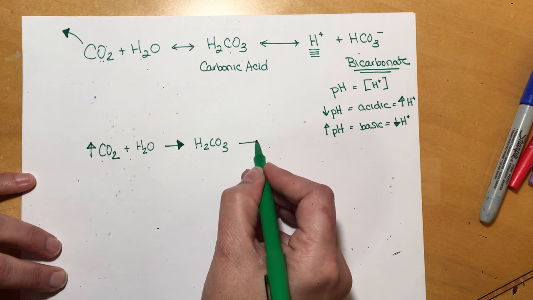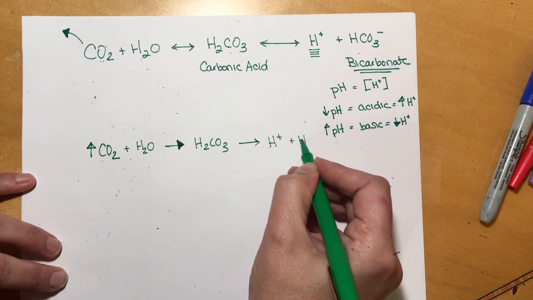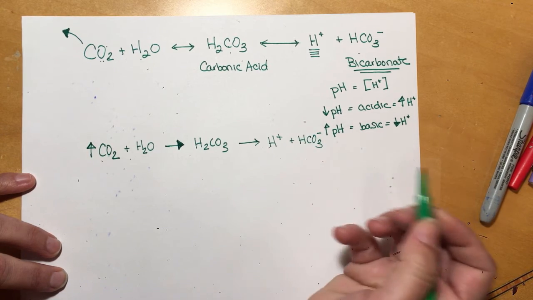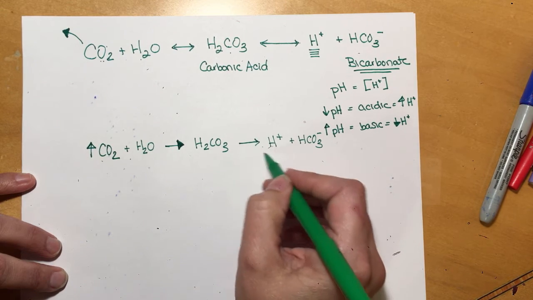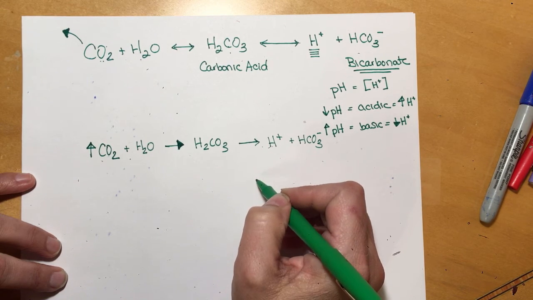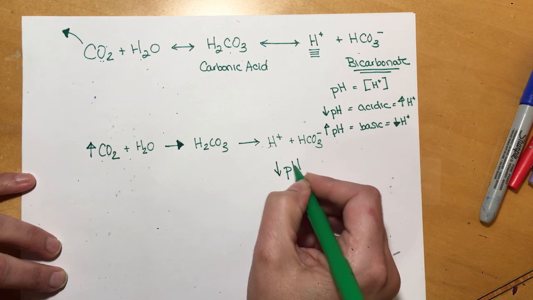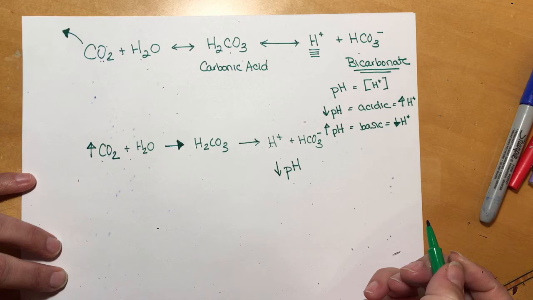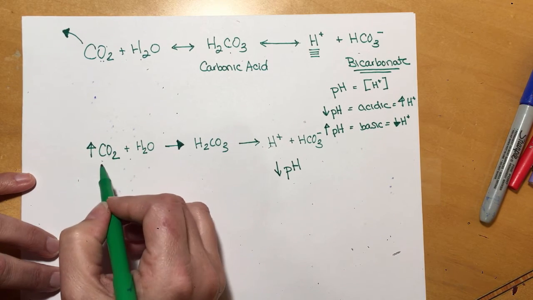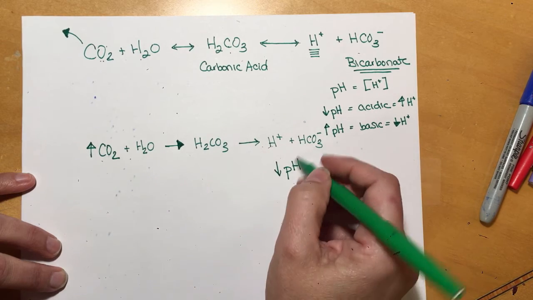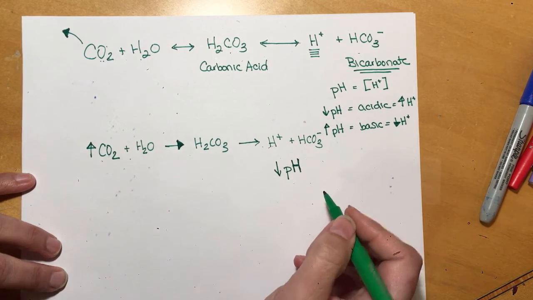And so when it does dissociate, it's going to dissociate into bicarbonate ion and hydrogen ions. So we're going to start getting a lot of hydrogen ions. And when you have a lot of hydrogen ions, it's actually going to force the pH to go down. So when you hold your breath for too long, the pH is going to go way down and your CO2 is going to go way up.